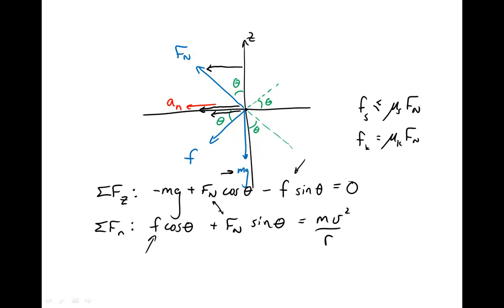So in an interesting scenario, we're looking for the actual maximum or minimum speed that I can have before I do slide. And in that scenario, my static frictional force inequality becomes an equation because I've reached that maximum possible value. The algebra here we're not going to play with at this point in time, which is not to say you won't play with it in the future.